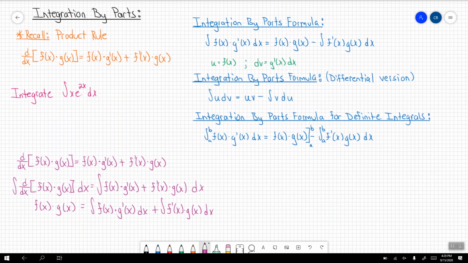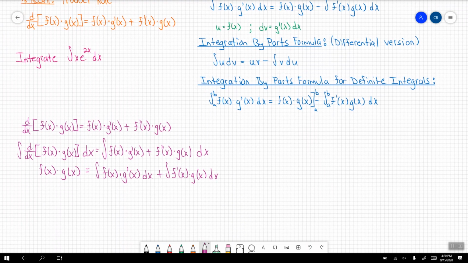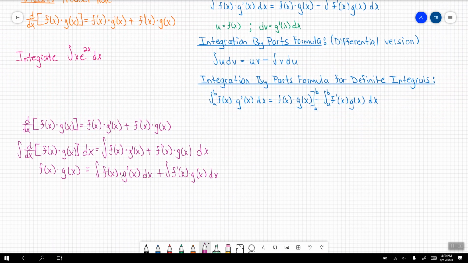Simply because looking at the integration by parts formula, this formula says if we have a product of two functions where one of those functions is a derivative, then we will be able to solve.